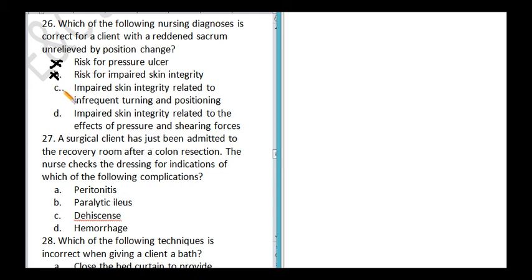The answer, D. Why? Because letter C is a wrongly stated nursing diagnosis because of the words infrequent turning. If you write the words infrequent turning on your chart, it is somehow incriminating in nature.